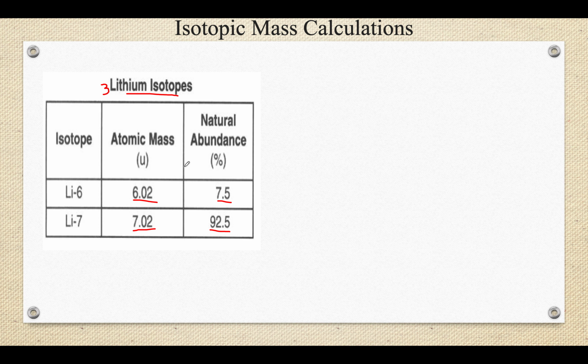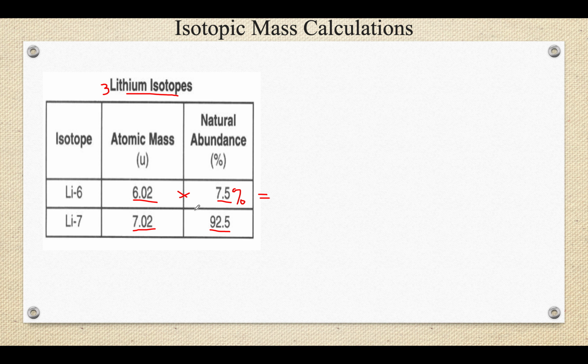All right, so in order to calculate this atomic mass with isotope mass calculations, all we want to do is multiply 6.02 times 7.5%. Also, sorry guys, I'm writing using my trackpad, so this is going to be really messy. Always remember this number is a percent, aka a decimal, and so you always need to divide this number by 100.